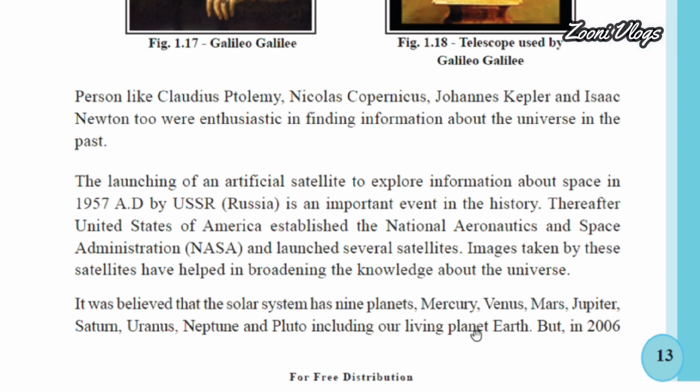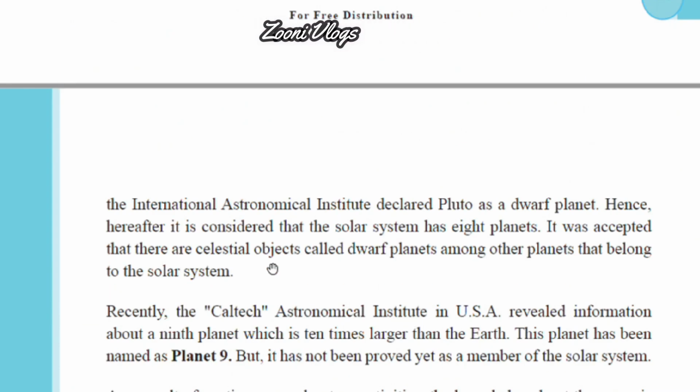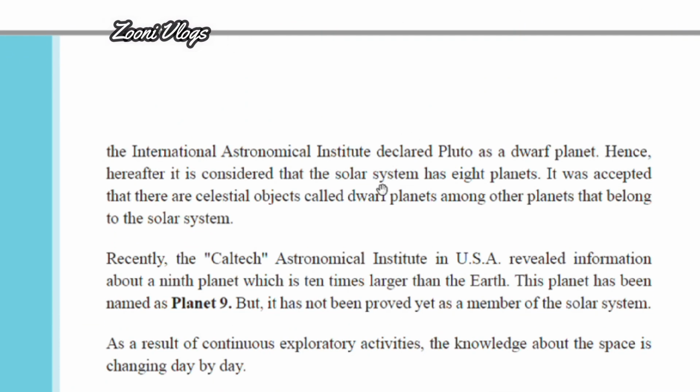But in 2006, the International Astronomical Institute declared Pluto a dwarf planet. Hence, hereafter it is considered that the solar system has 8 planets. From that time onwards, they considered that the solar system has 8 planets.